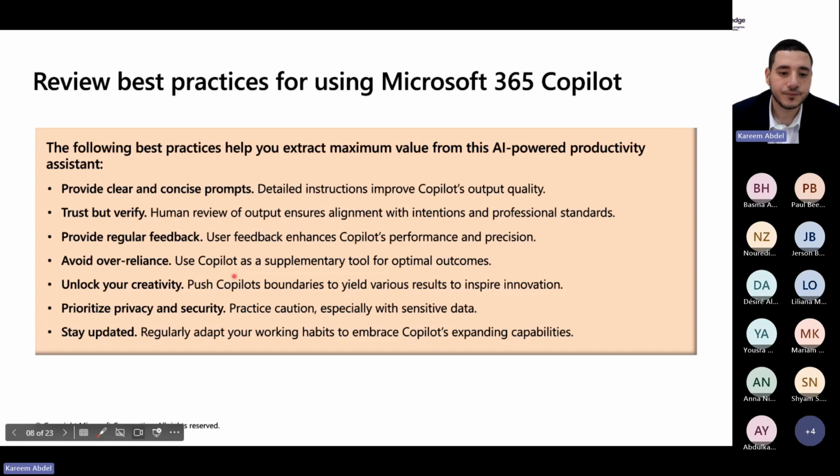Sure, you can reference the job description and all the resumes you've gotten and ask Copilot to choose the perfect candidate, but that shouldn't be the case. You shouldn't use Copilot as a replacement, but as a starting point, as a way to supplement your daily tasks and enhance your productivity and efficiency, right?